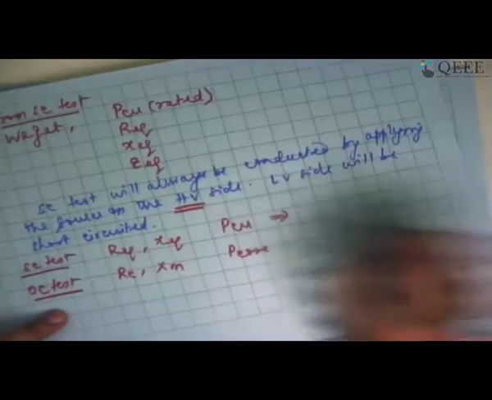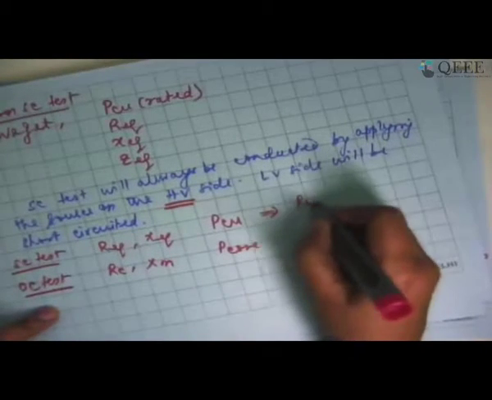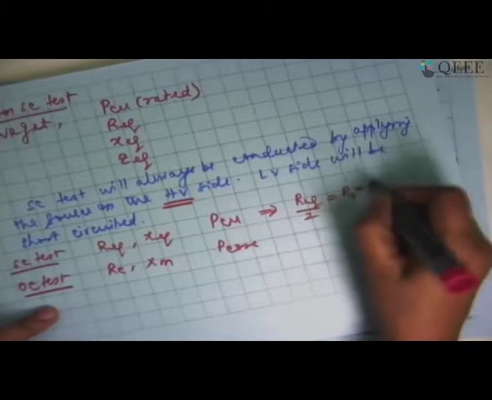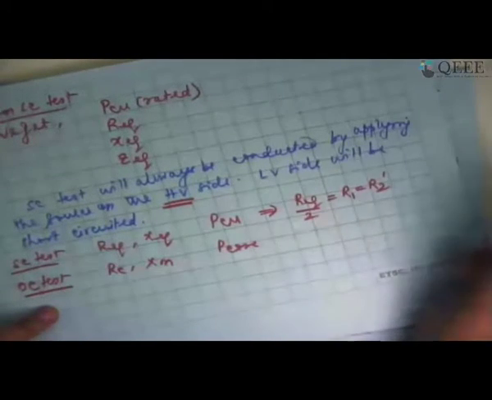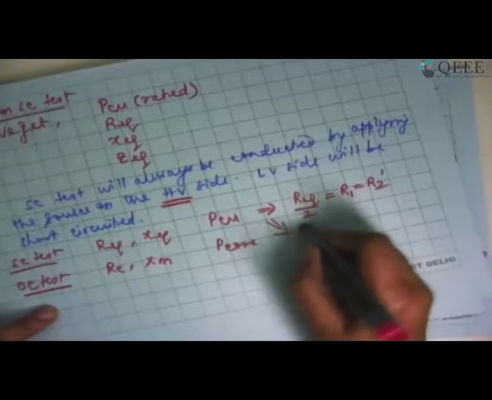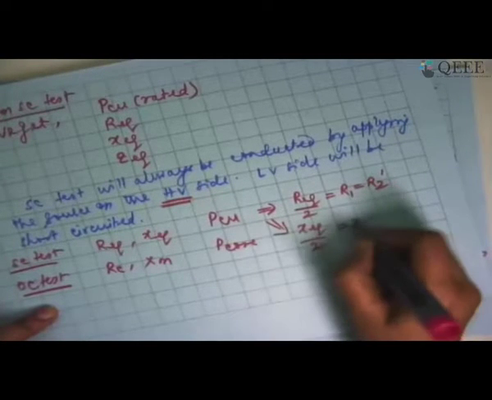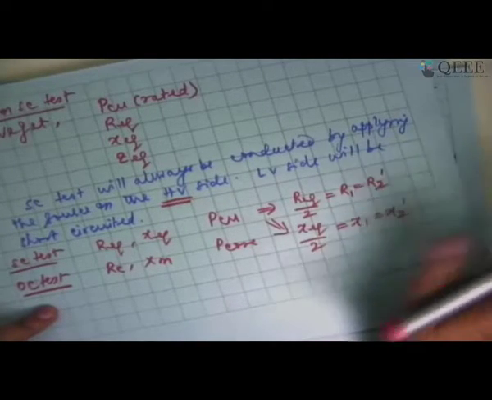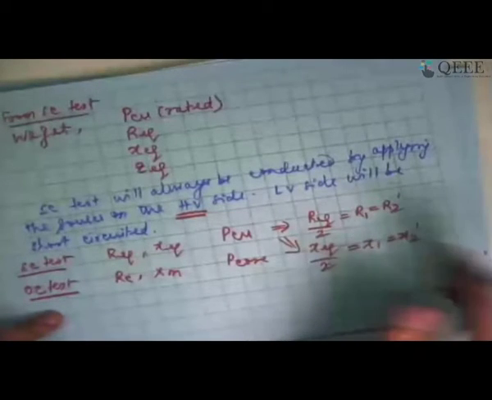Assuming both the windings are almost similar, I can say R equivalent by 2 will be equal to R1, which will also be equal to R2 dash. Similarly, X equivalent by 2 will be equal to X1, which will be equal to X2 dash. We go with this assumption, because we will not be able to segregate R1 and R2 separately.